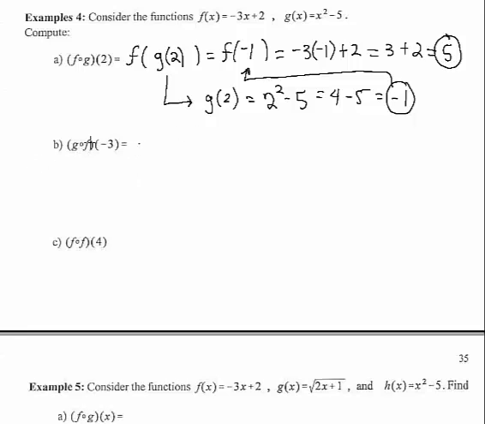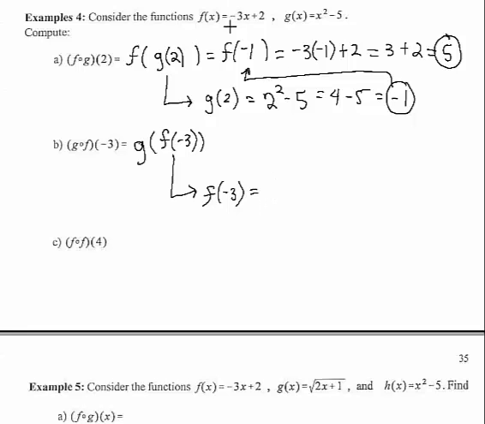Alright, now we've swapped the order of g and f. So g is going to go on the outside this time. We're going to first put negative 3 into f and compute that output. So what is f of negative 3?